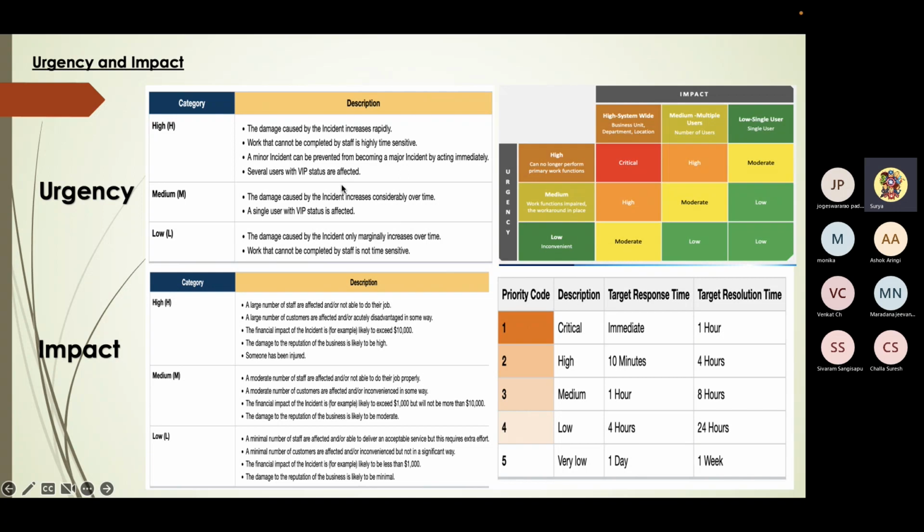We will come here when I am sure that you are confident about urgency and impact. Urgency means it is not how fast an incident is reported, it is how fast the incident should be resolved.